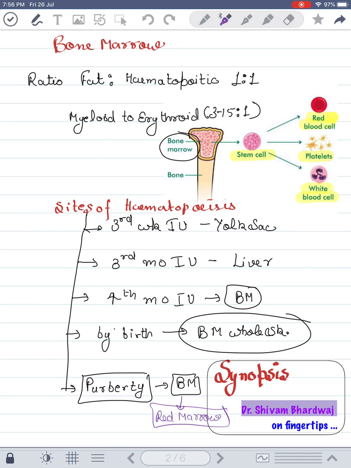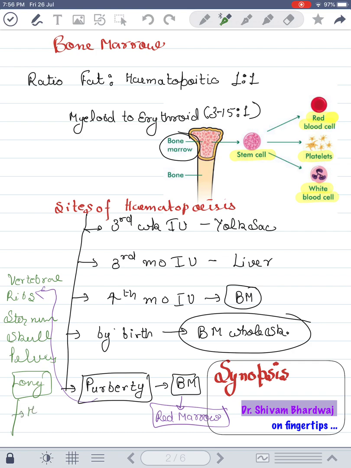At pubertal age, the different bones taking part in the formation of blood cells are the vertebrae, ribs, sternum, skull, pelvis, and two long bones, the humerus and femur.